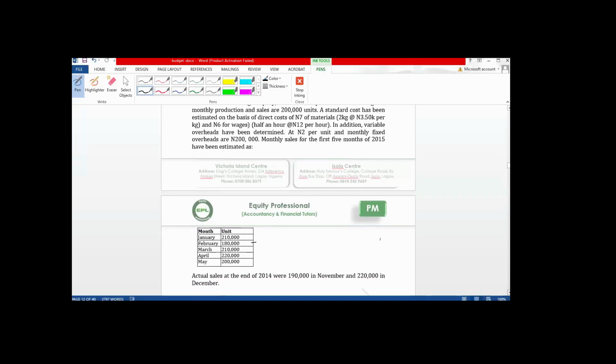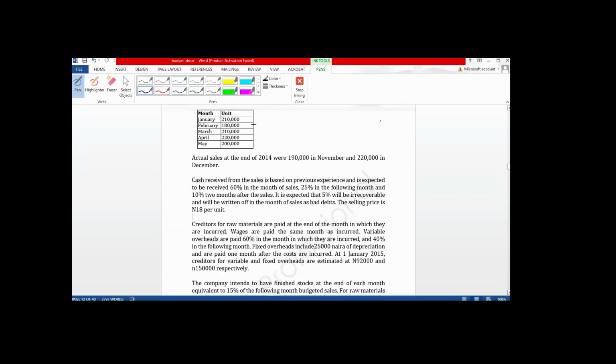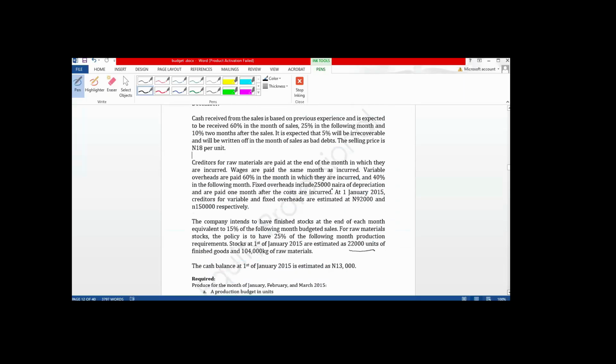Look at paragraph 2 or paragraph 3. Look at it, please. Fixed overhead include 25,000 naira of depreciation and fixed overhead are paid 1 month after the cost is incurred. That fixed overhead includes depreciation of 25,000.